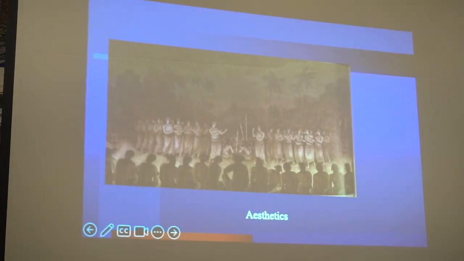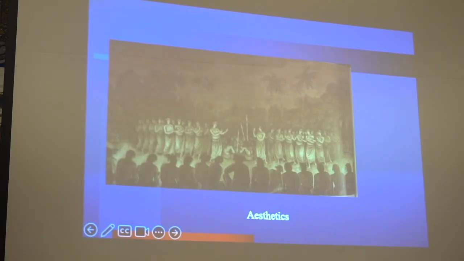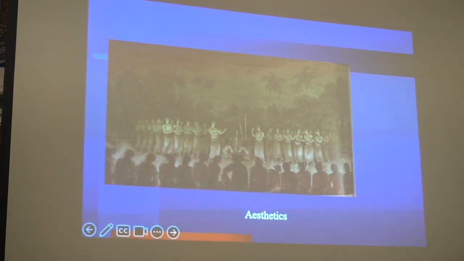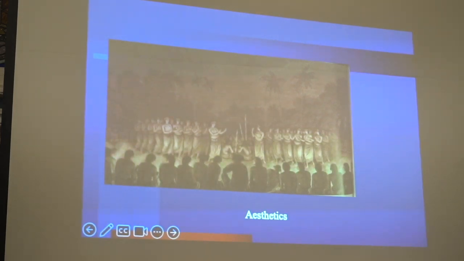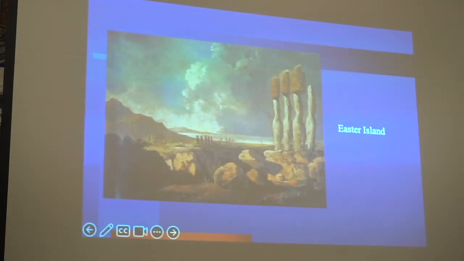And they also had dance and song and performances, particularly in Tahiti. There was this highly sophisticated performance society called the Ariori Society, which I would say was similar to rock stars, I suppose. But they would go around and do these performances on all different islands and in different valleys.